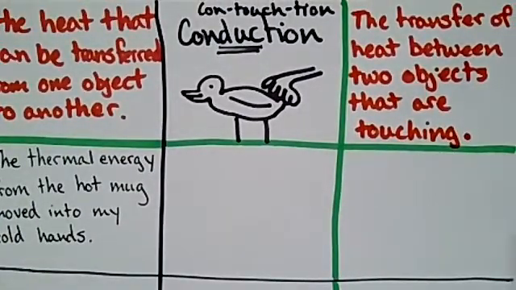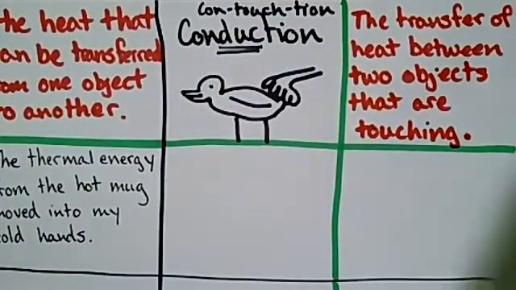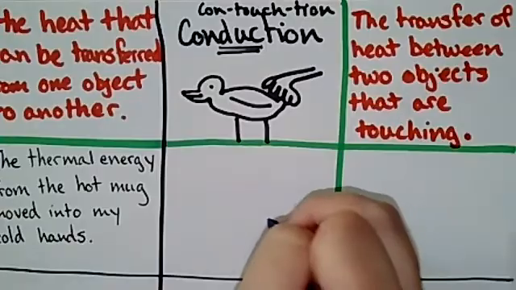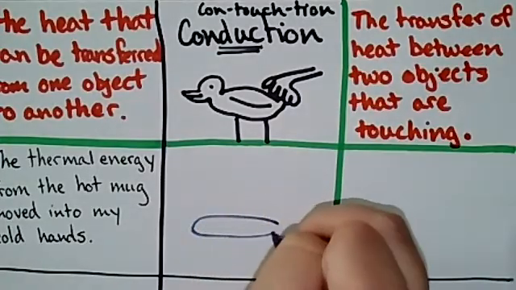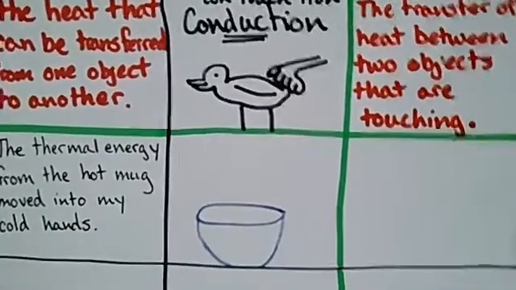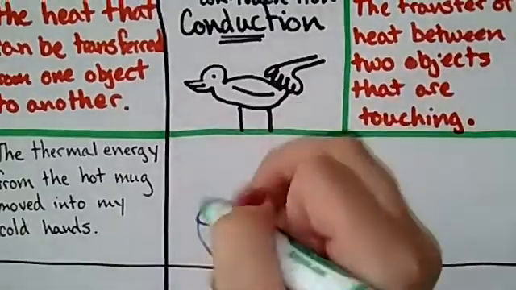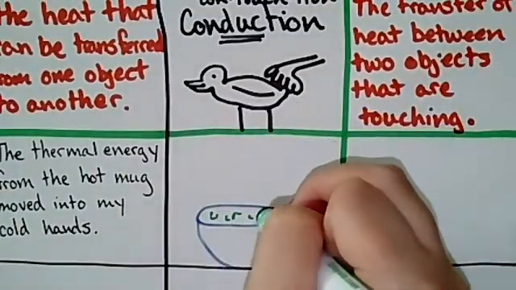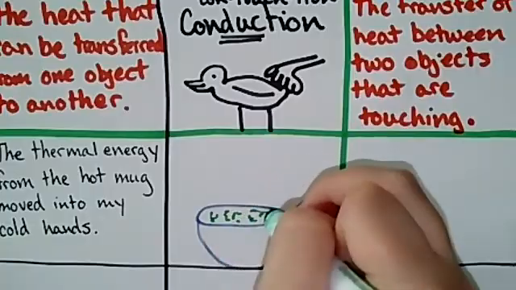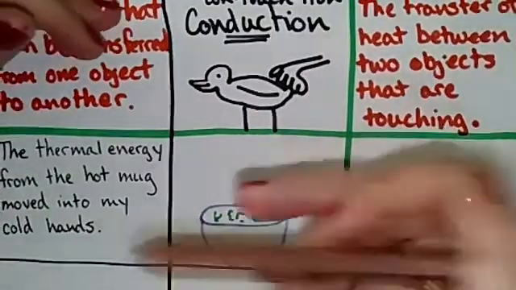Now, for this one, you are going to draw again. You're going to draw a bowl of soup. So here is my large bowl of soup. Inside of here is, I went to Olive Garden and I got some zuppa toscana. It's got little bits of spinach in it, little sausage balls, little potatoes.